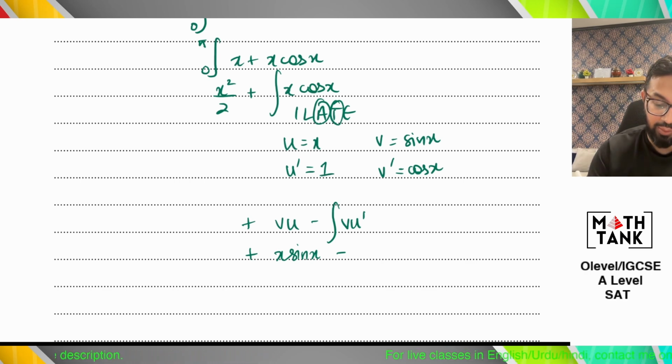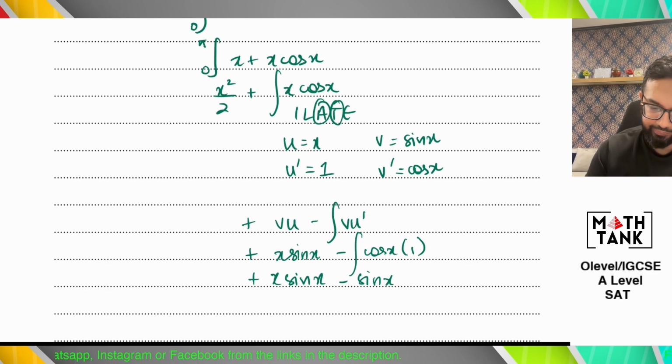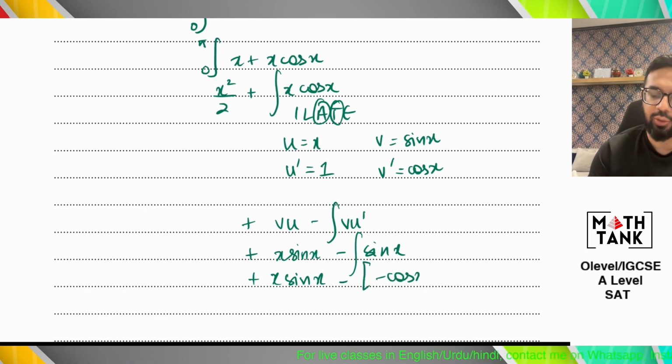I've integrated u dash v. So x sine x, and again integrating cos x gives me sine x. This should be sine x. Messing up things because I'm rushing through the question.